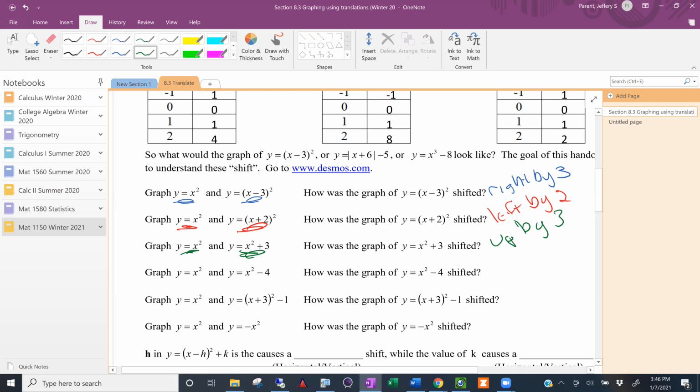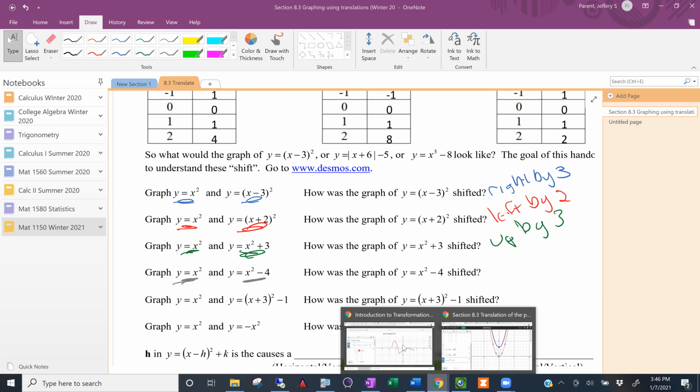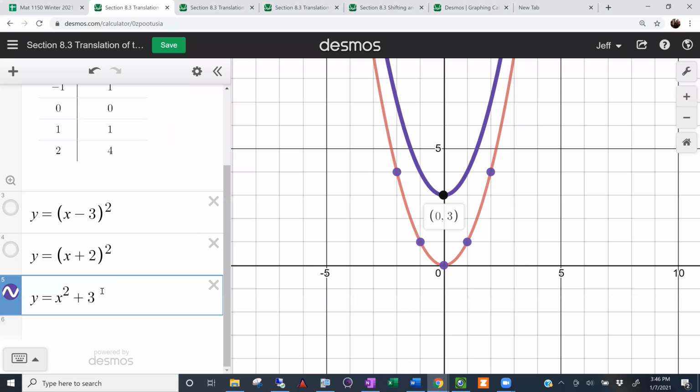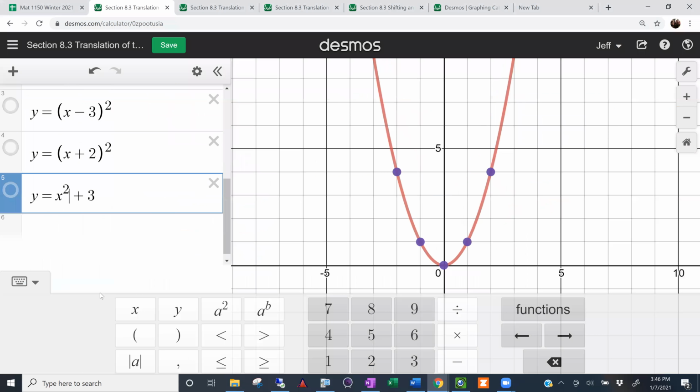So that moves us down to this next one. And again, I'm going to ask you to make a prediction here. y equals x squared minus 4. See if you can predict in your mind what's going to happen when I change this. And I'm going to cheat just a little bit. I'm just going to make that a minus 4.